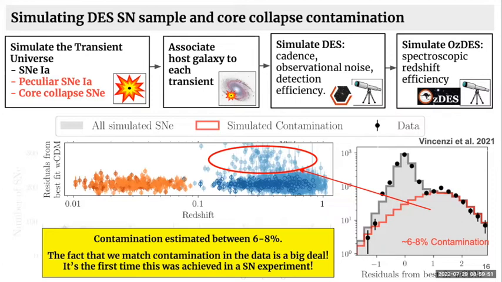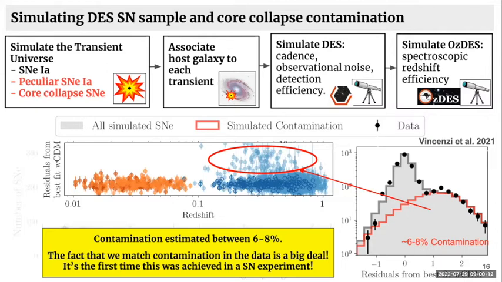We model it correctly, and we can trust these simulations to be realistic enough to train and test our classifiers.